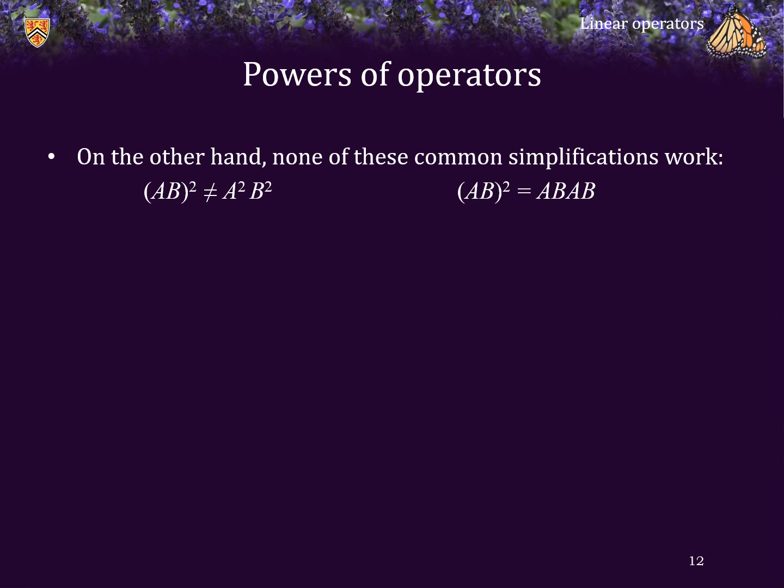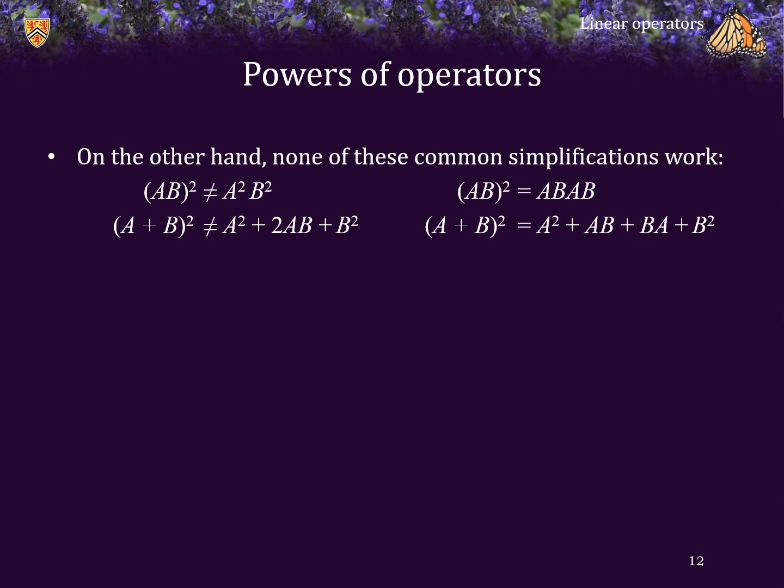So ab all squared is not equal to a squared b squared. Instead, ab all squared is equal to abab. Only if you have two matrices A and B that do commute do you get the result on the left.